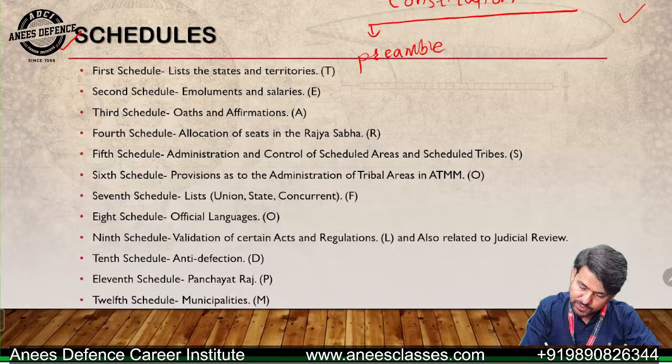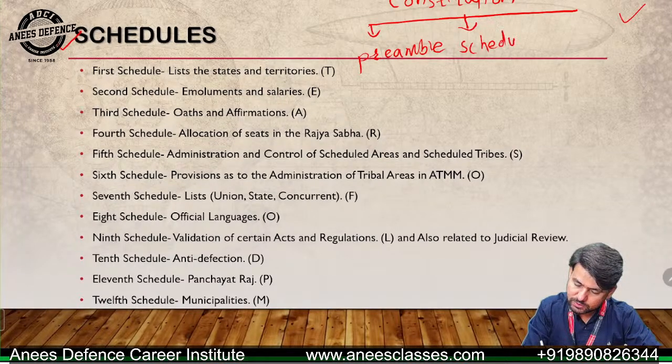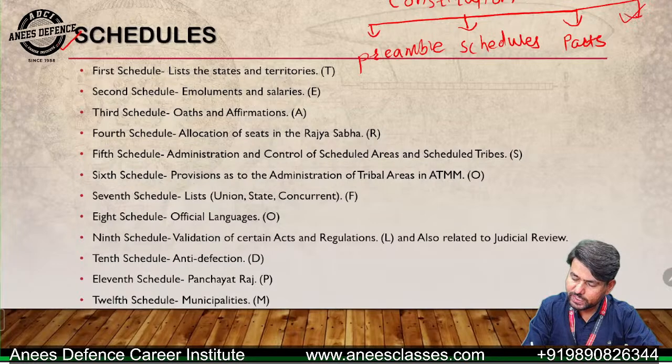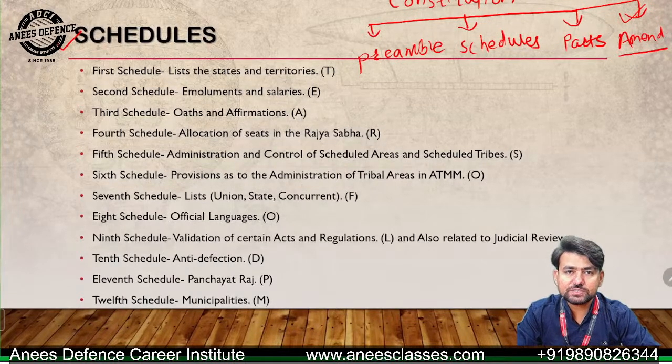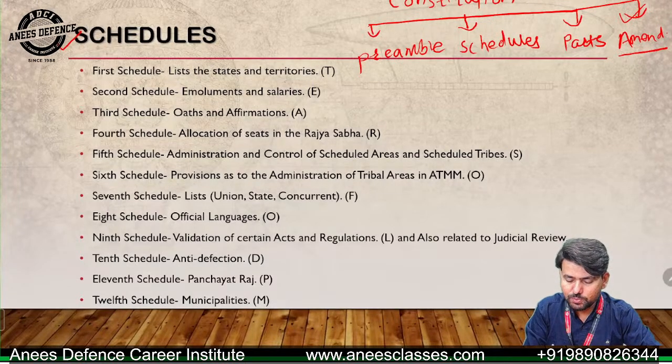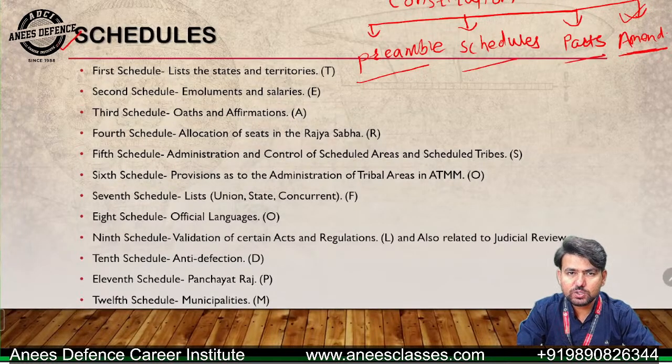Okay, then we have schedules in the constitution, and then we have parts in the constitution, and lastly you will also find that there are certain amendments in the constitution. This is how the constitution can be classified, right? First you have the preamble, then schedules, then parts, and then the amendments.